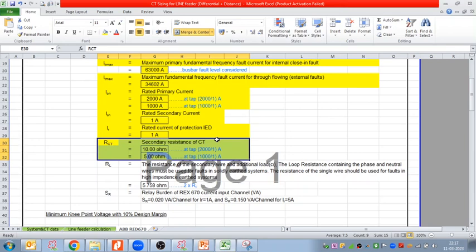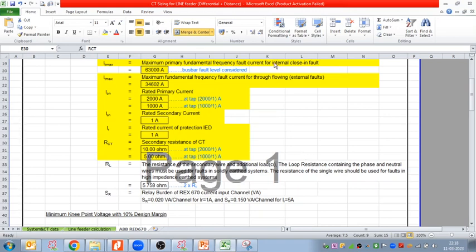Or in another case, we can take this RCT from the CT manufacturer, whichever CT we are going to use, so that RCT value we can also take as reference. And again we discussed that if we have executed any previous project, from that project the RCT value we can also take. Yes, the RCT value we will get from the CT manufacturers also.